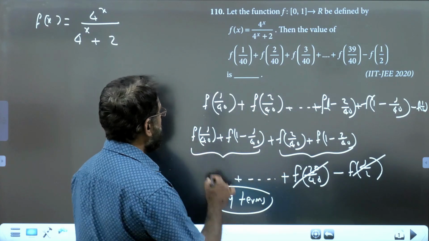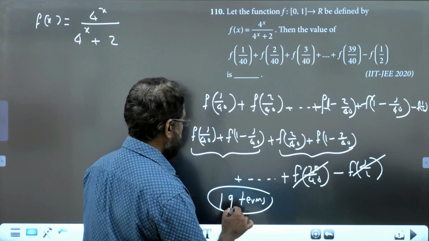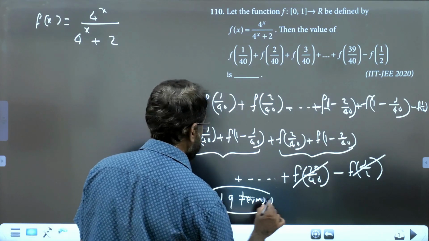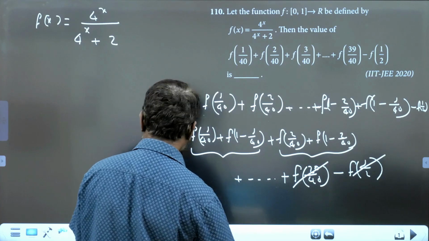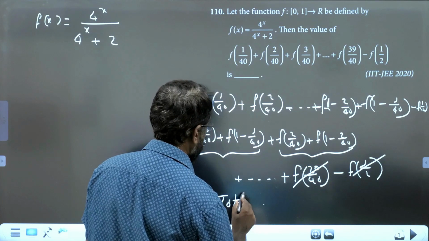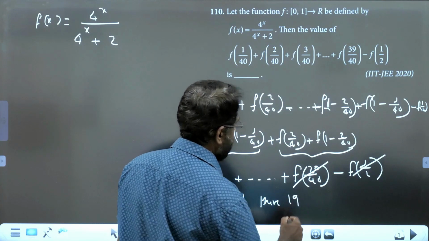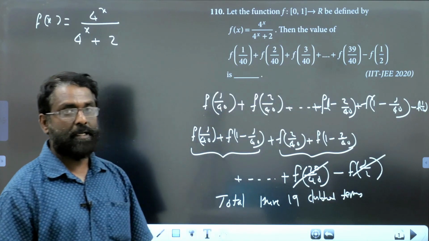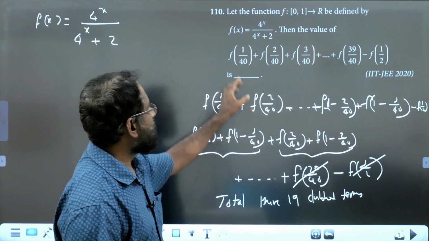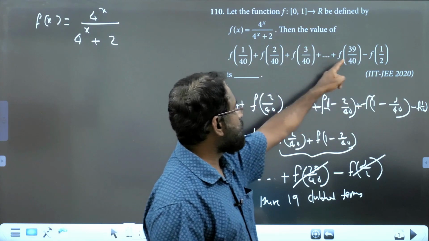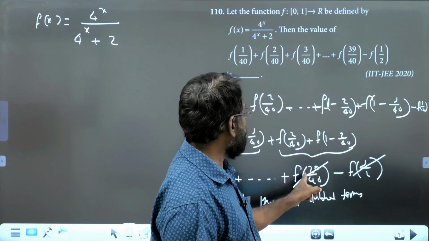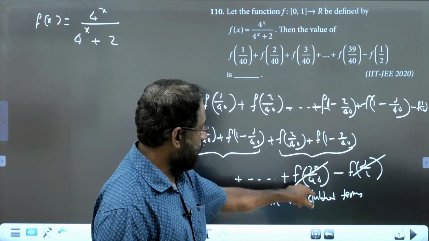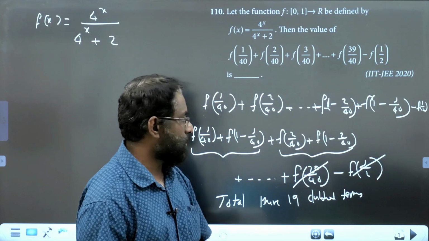How many clubbings are there? This is one clubbing, another clubbing. So there are 19 clubbed terms. Given that in total there are 40 terms, but f(20/40) is f(1/2), and minus f(1/2) will be cancelled.